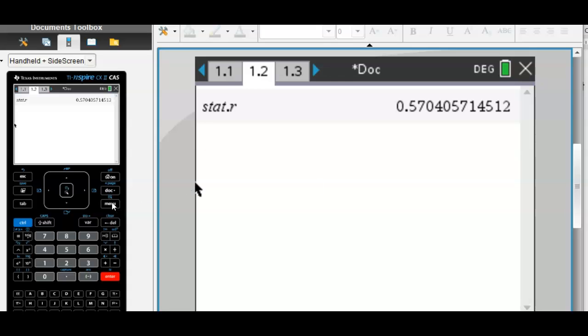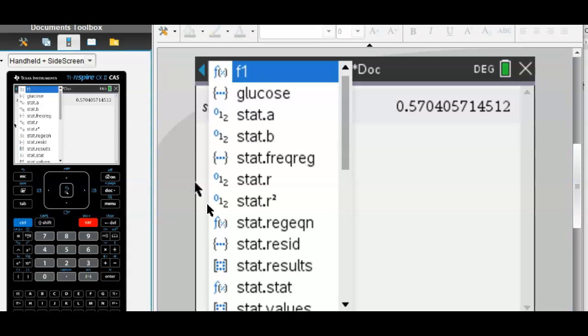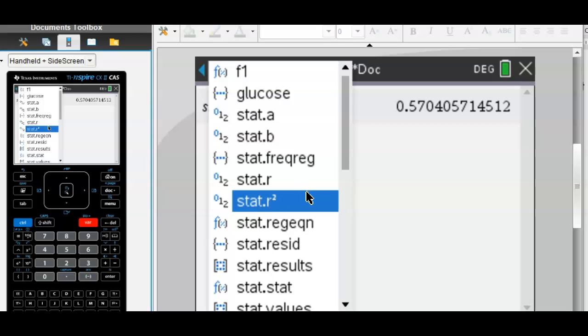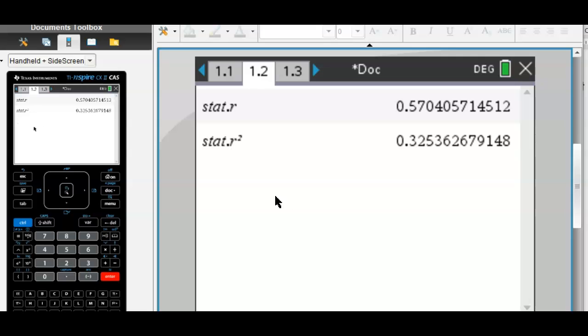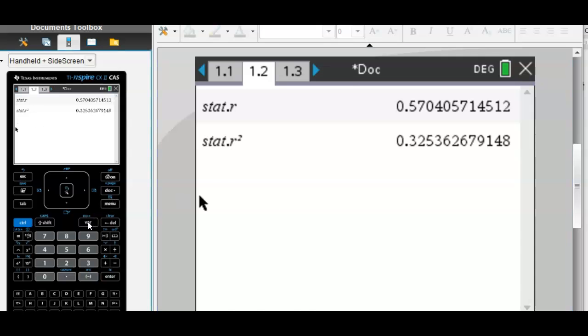If you wanted other things, I've never actually used this before, but I can see you can get R squared. What else can you get?